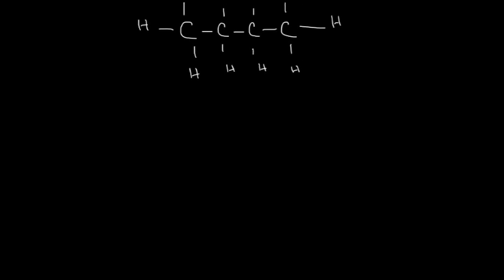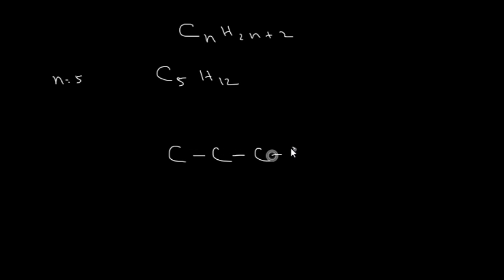Next, pentane. The formula is CnH2n+2. If n is 5, we get C5H12. If we draw the structure, it will be in this way.